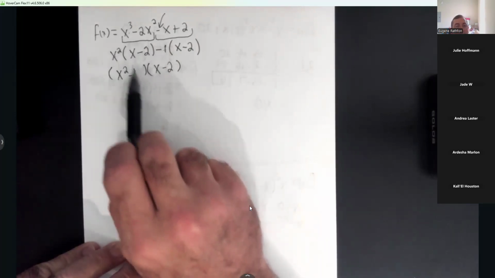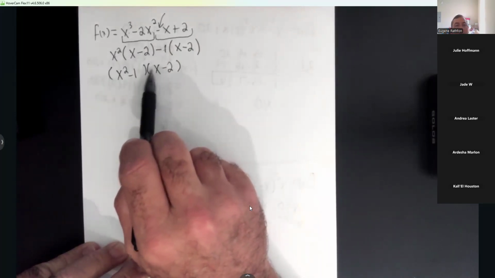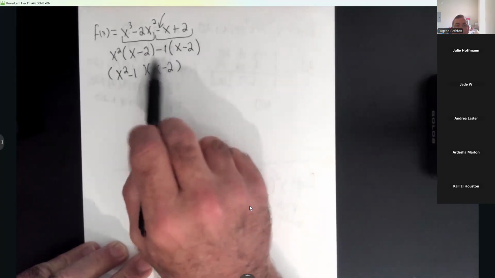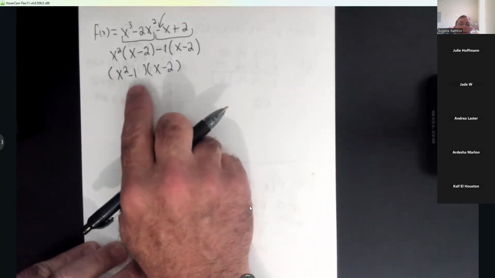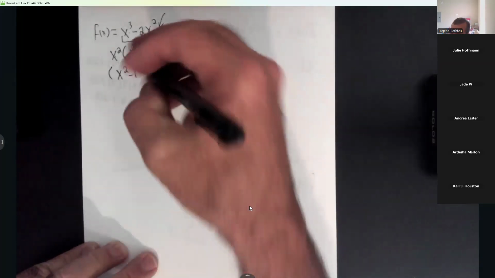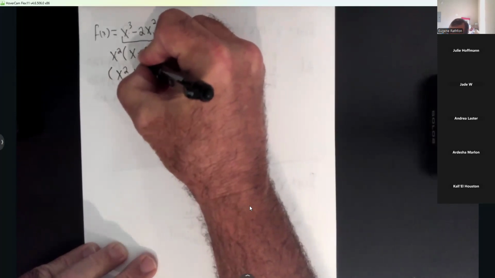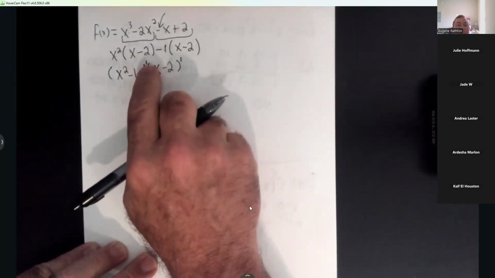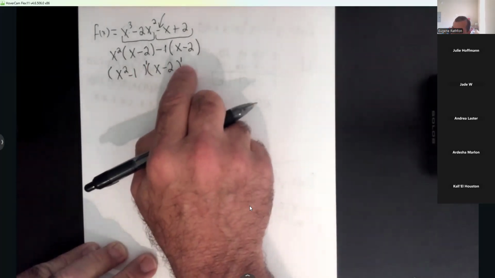That's this factor. And then the negative 1 times x, and the negative 1 times negative 2 gives you this factor here. All righty, so we're as factored as far as we're going to go at the moment. So I'm going to write some exponents here. Since these parentheses do not have exponents outside of them, they're both going to be a 1.